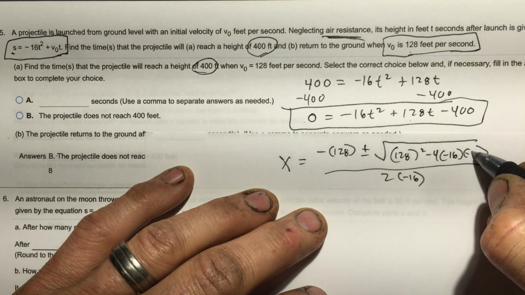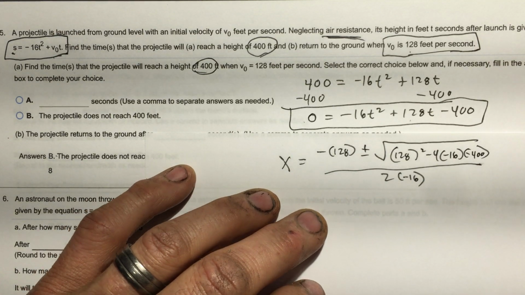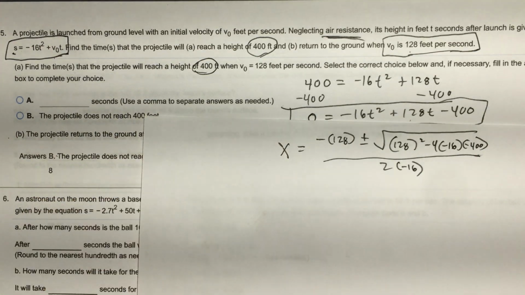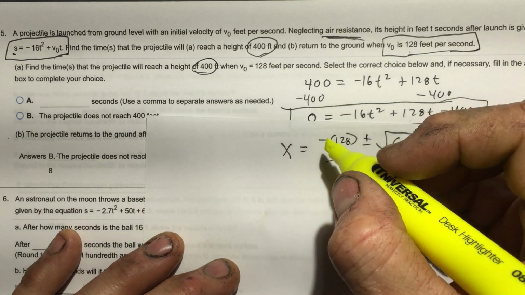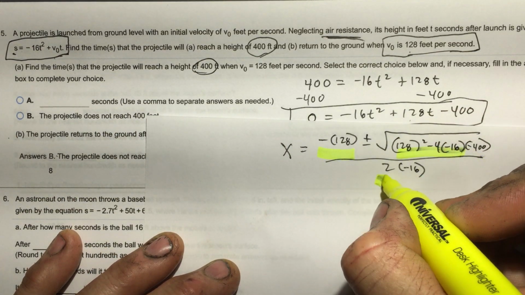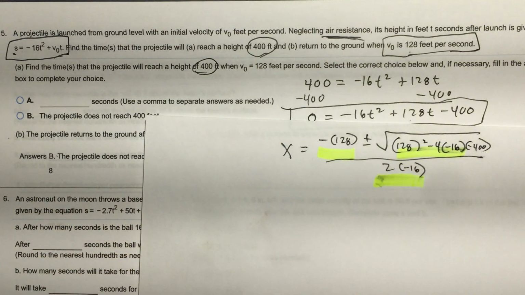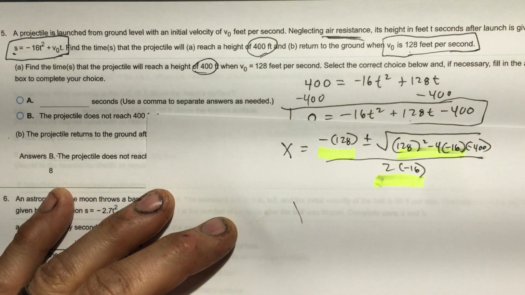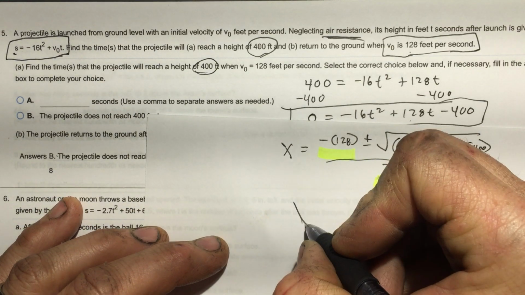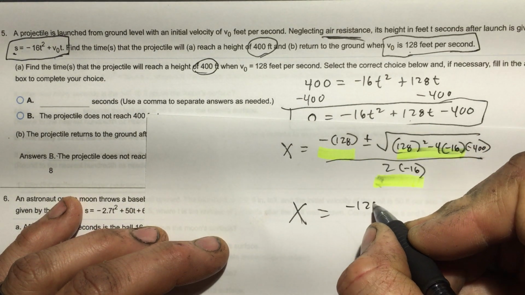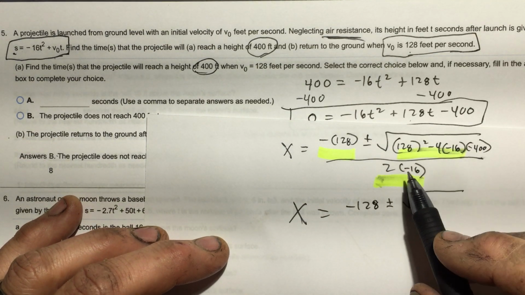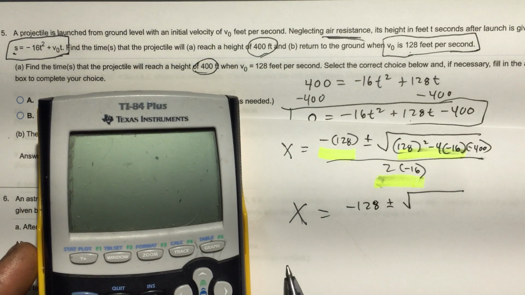And then negative 400 is my C, and it's just in that one spot there. Okay? All right. And then when we do this, remember now we have 1, 2, 3 things that we got to do. Okay, so right here, x equals, that's negative 128, plus or minus in my radical. All right, let's punch this in here.